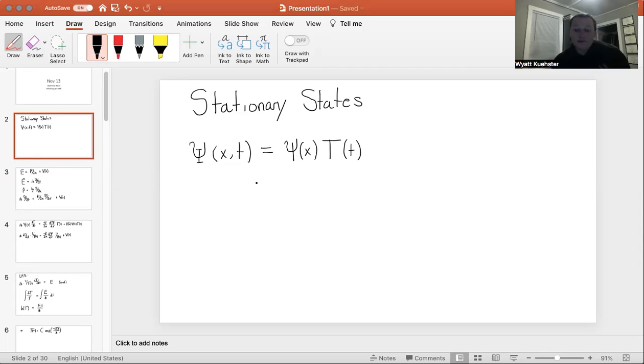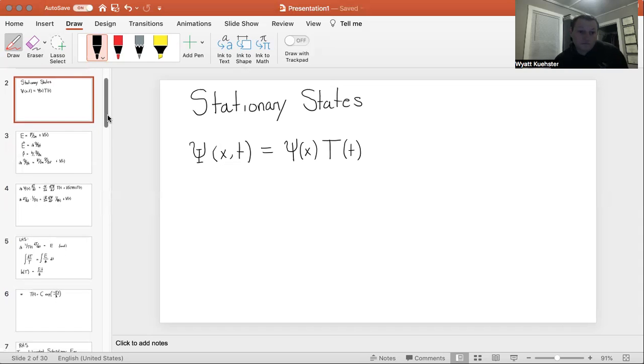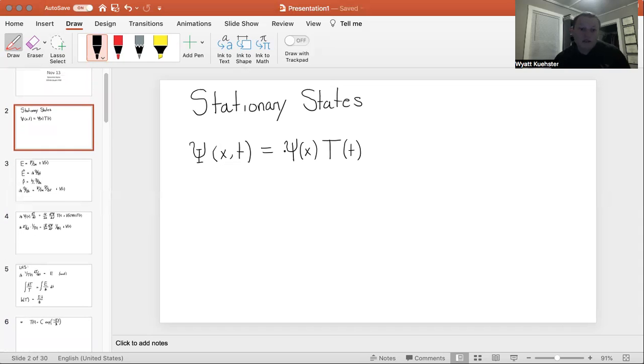There's no reason that you should assume that the wave function is actually a function of this type, but it'll turn out that we can use the separable solutions, the solutions of this type, to get a general solution by superposing all the solutions like this. Okay, so we'll suppose that psi of x, t is a function of the form little psi of x times T of t.